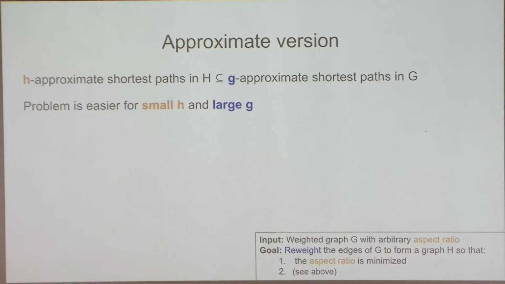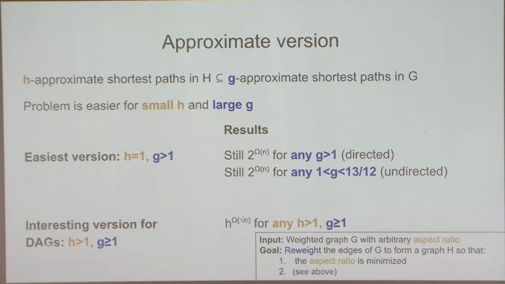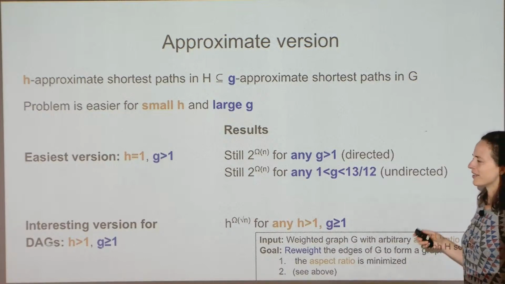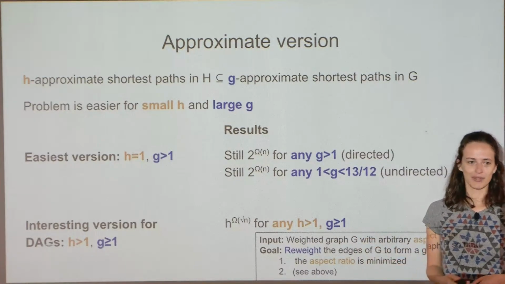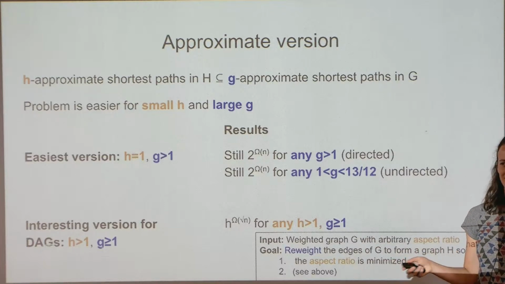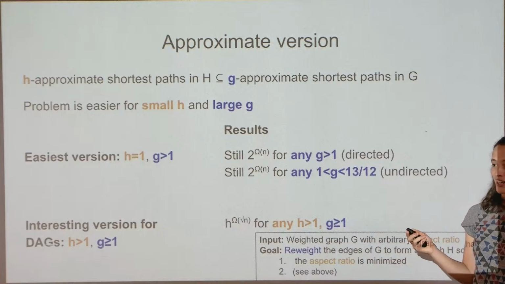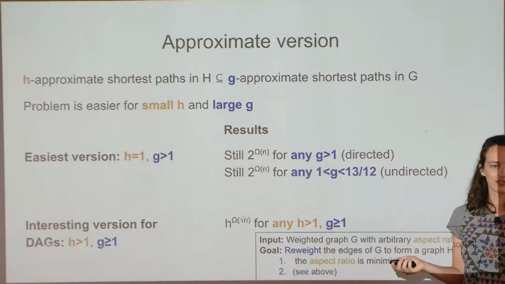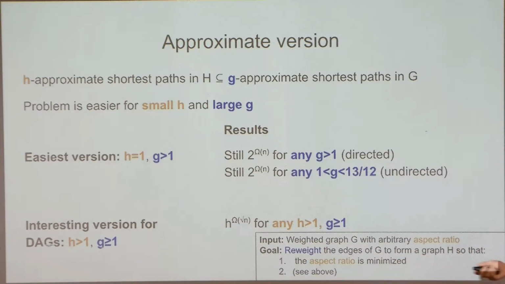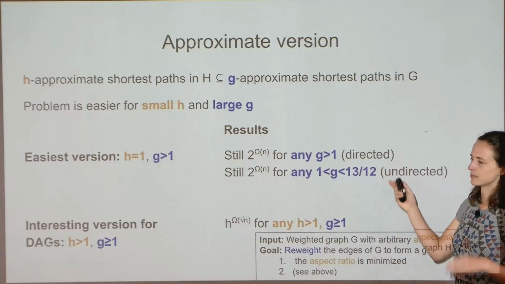So the approximate version, this is just the definitions of the approximate version, which I won't explain because they take a little bit of time. If you're interested, we can talk more offline. The basic results of the approximate version are that even if you relax this problem just a little bit, even if I try to make this problem a little bit easier for general graphs, I still get exponential bounds.